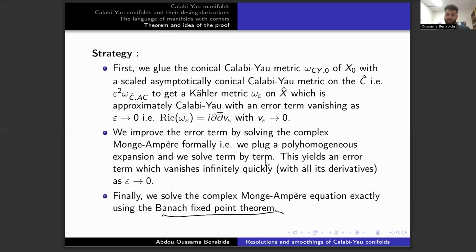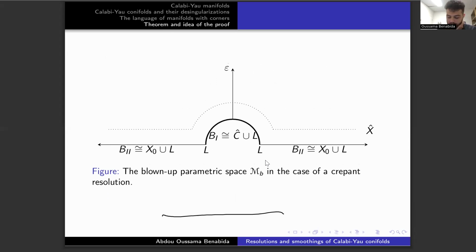So we use the Banach fixed point theorem. We produce a contraction on certain weighted Sobolev spaces, and we use the Banach fixed point theorem to solve the complex Monge-Ampère equation. So basically that's what we do. We start with the metric on x0.